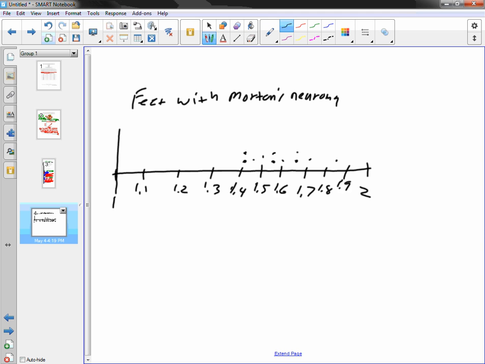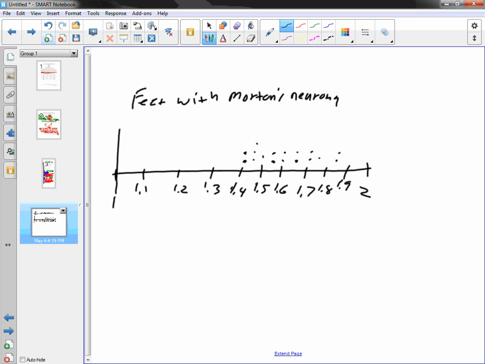Next person is 1.70, and it's in both, so 1.70 and 1.45. And then the next person is in both. It's 1.85 and 1.45. And then the next person's with both. That's 1.75 and 1.6. Okay, so this is what our dot plot looks like.